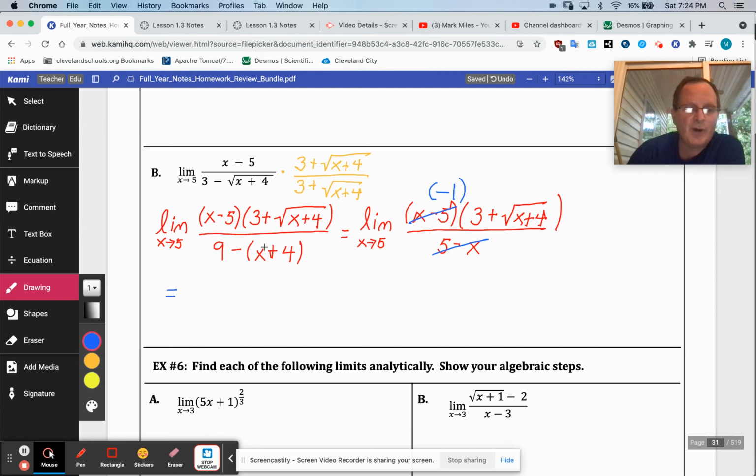So now I'm going to drop the limit notation. I'm going to substitute in. So it's going to be -1, the -1 that I created, and you're like, you don't really need that, but I know what you're saying. And then 3 plus the square root of 9, which is, I'll just show it, 5 plus 4.